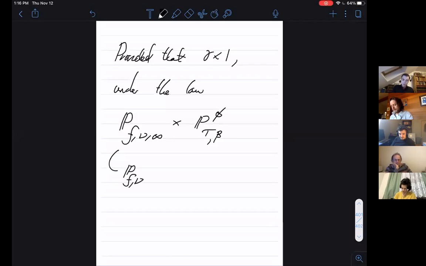PF is notation for the actual overall tree, which could be finite. I'll get to that in a minute. We then decorate the tree. Each edge in the tree gets a bias, okay? And that determines the jump law for a walk. Those biases are independently chosen according to the law.